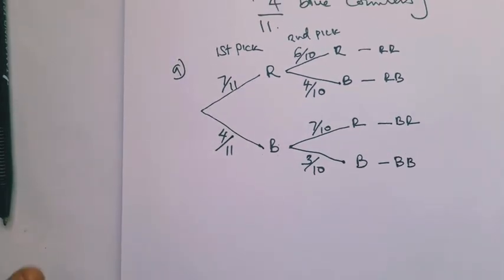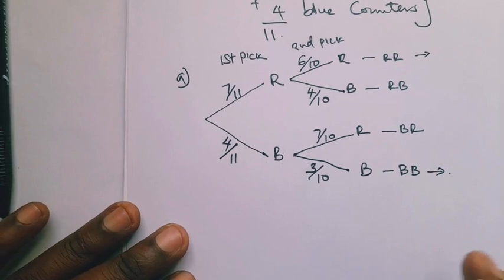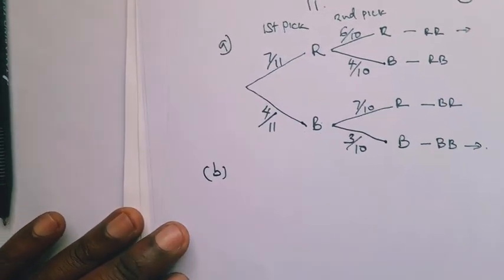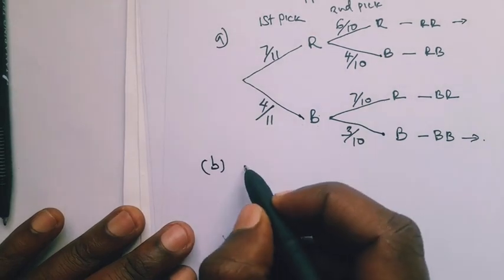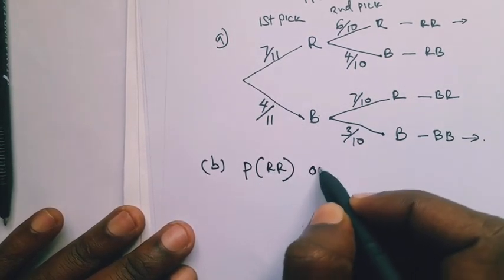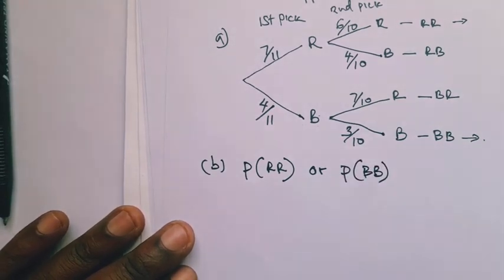So now we come back to our part B of the question. Part B says, find the probability that the two counters picked are of the same color. So here are same color and here are same color. So the probability of picking the same color of the counters means you are going to have probability of red, or probability of blue.